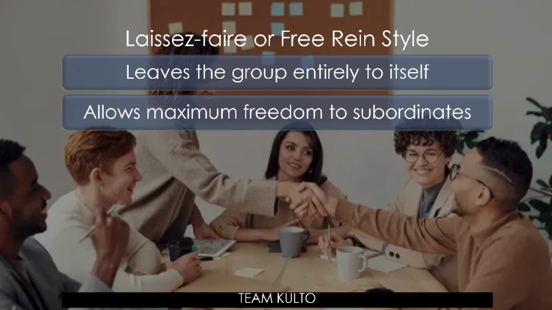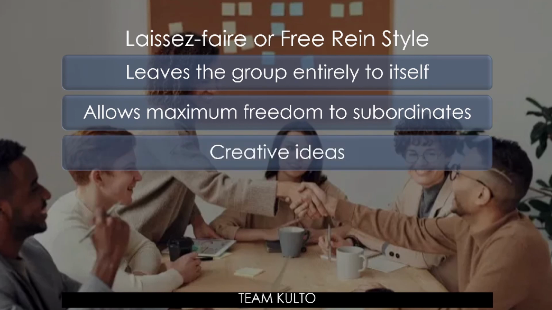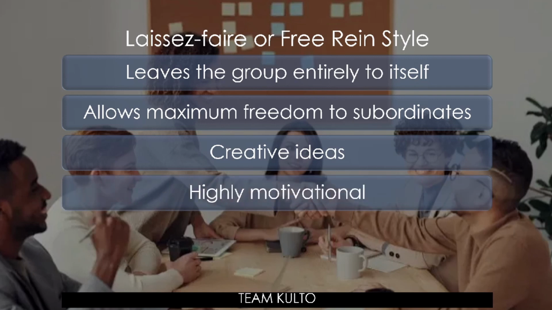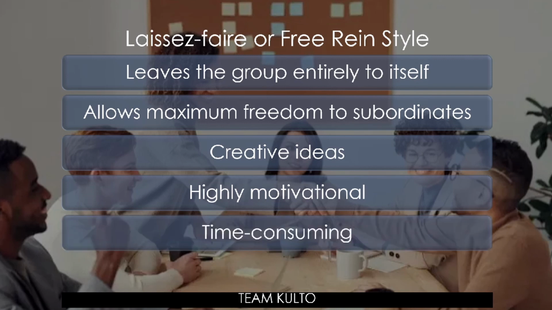Highly motivational as people have control over their working life. Also, free reign style or laissez-faire can make coordination and decision-making time-consuming. Ito yung motivational, time-consuming and lacking in overall direction.